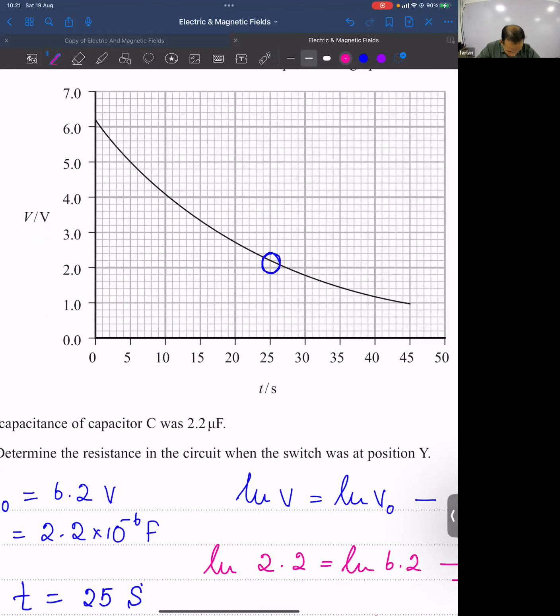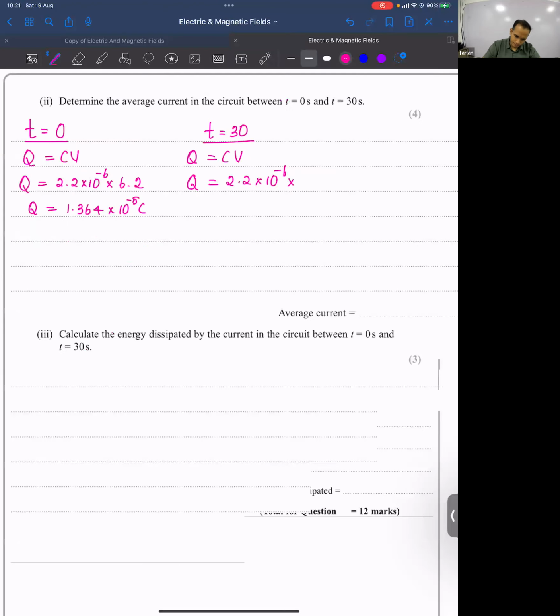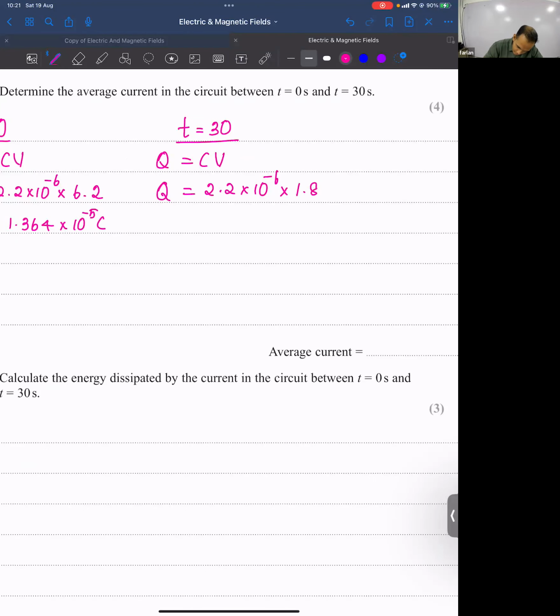$1.8. Don't look at the screen, do your work, get the answer. Don't copy what I'm doing.